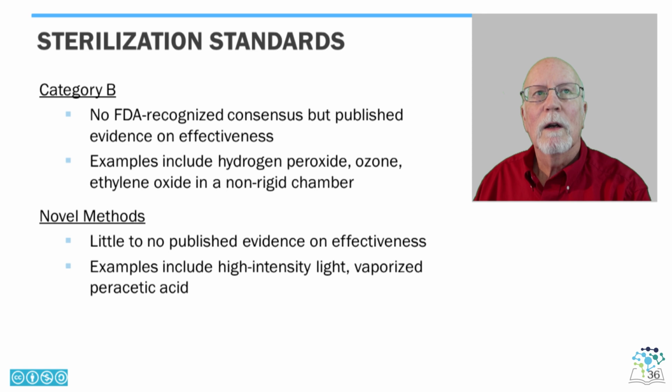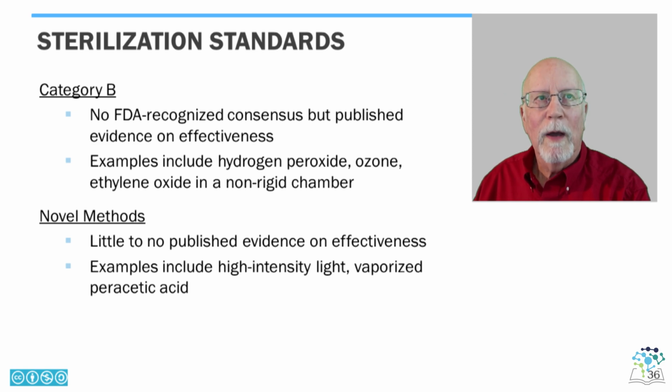Devices requiring sterilization methods in Category B may need more of a case-by-case evaluation and justification, as there are no FDA-recognized consensus standards, but there is published evidence on effectiveness. Examples of these processes include hydrogen peroxide, ozone, and ethylene oxide exposure in a non-rigid chamber.